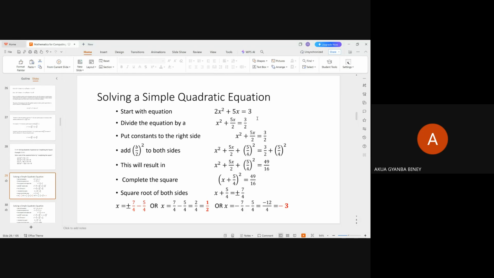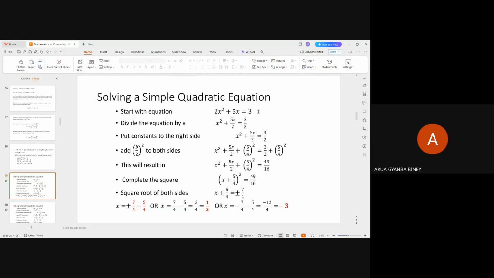So I did this step so that if the coefficient of x squared is not 1, you will not forget. So the first thing is always divide the equation by a. If it is 1, you get back the same thing. If it is not 1, you would sort that one out.